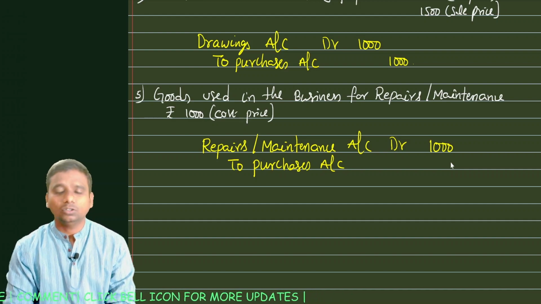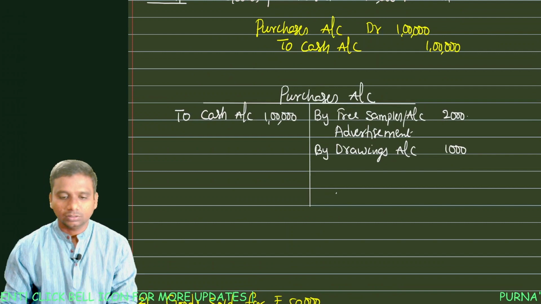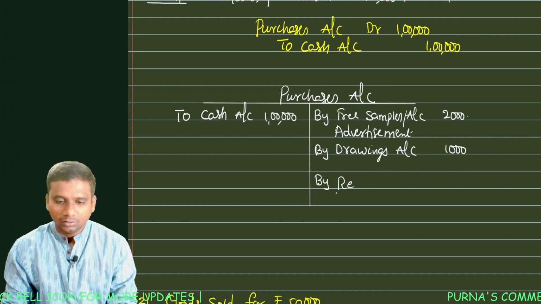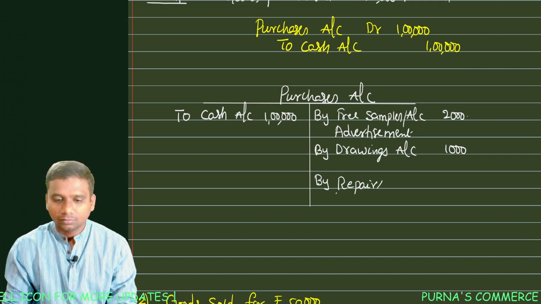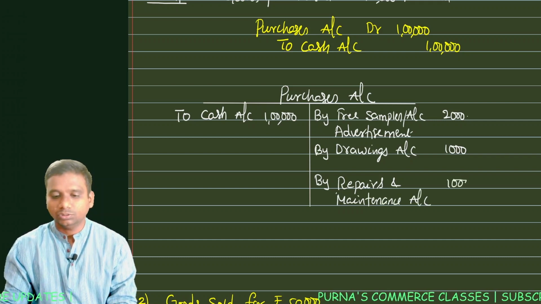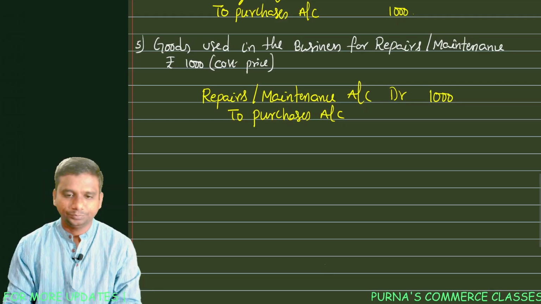Here again purchase account is credited, so simply go to purchases account, credit side, by repairs and maintenance, or simply repairs. How much? 1000. Are you able to follow? Okay. Next step.